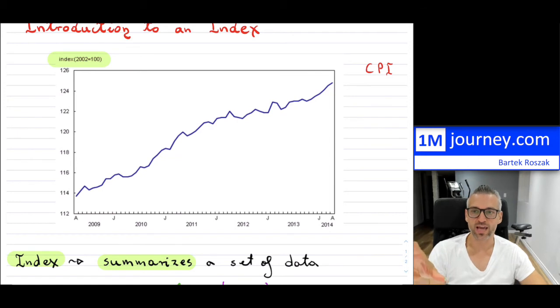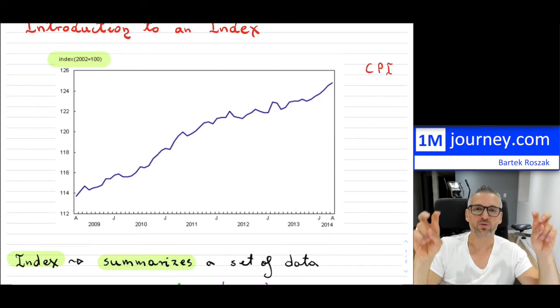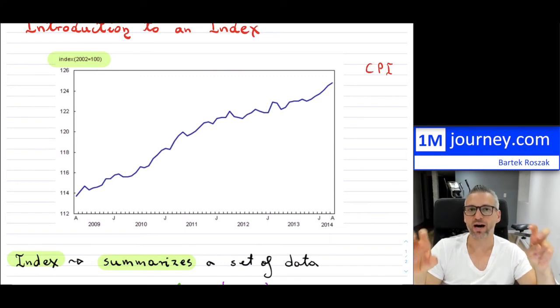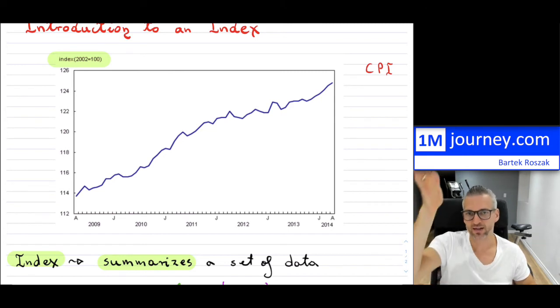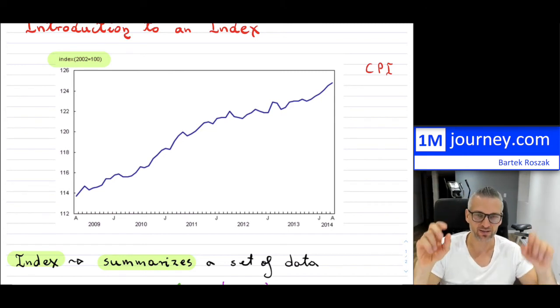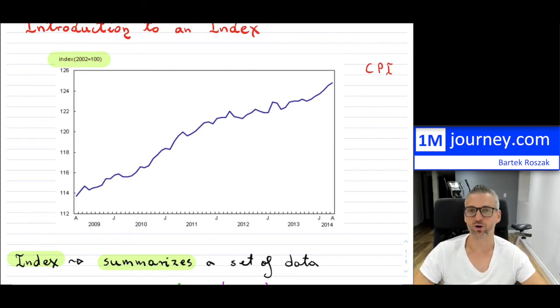So what it was saying is that in 2002, when we took this entire basket, we basically normalized it to 100, which is kind of like, what does $100 buy you at the moment? You would think of the y-axis, the index, as kind of like money, at least for this example. It doesn't have to be for all.